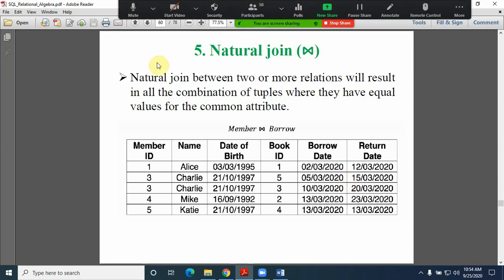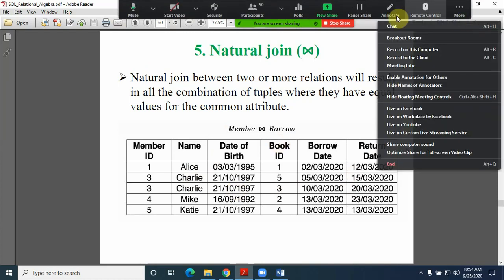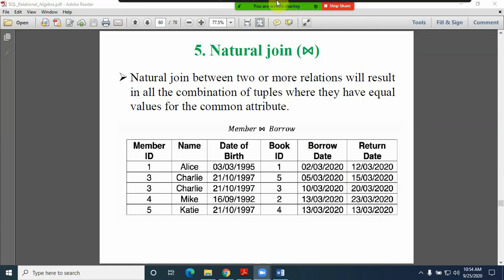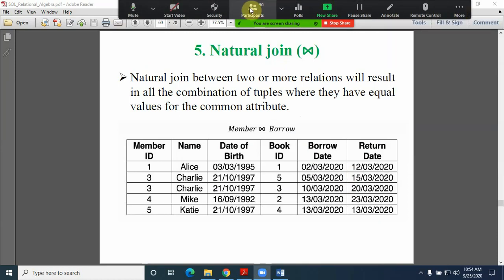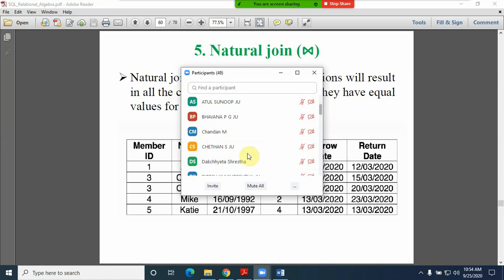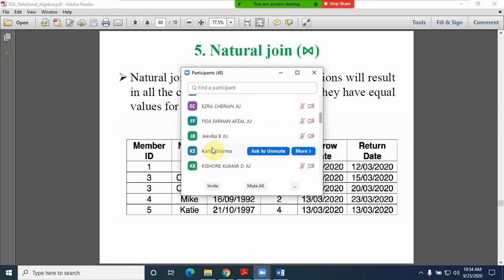Hmm? What is the reason? So only the simple reason. Okay, so as usual you won't tell anything, I know that. Okay, LNCB and Chetan, Deepesh, nowadays no response, nothing.